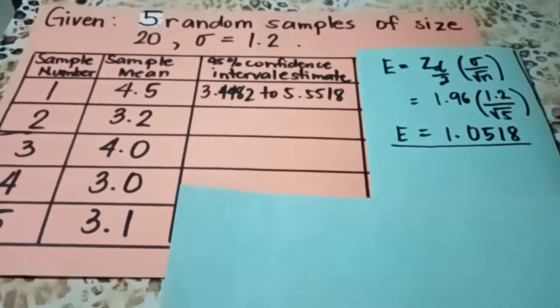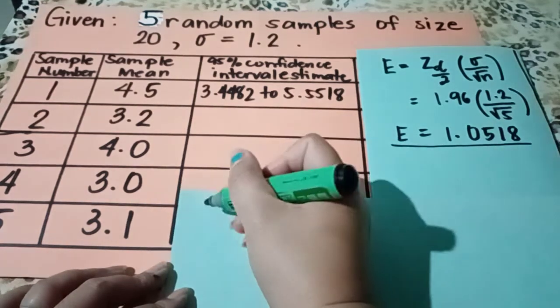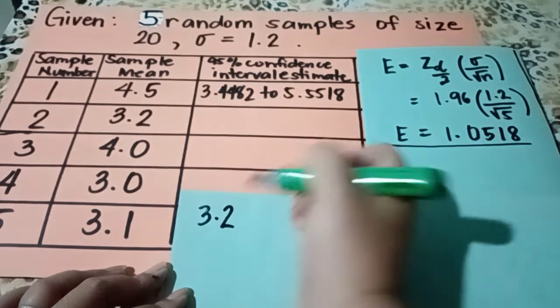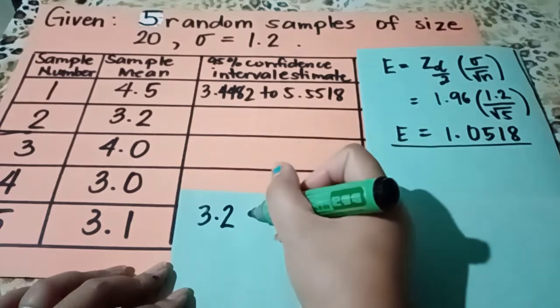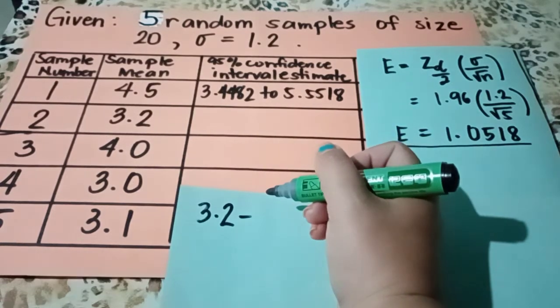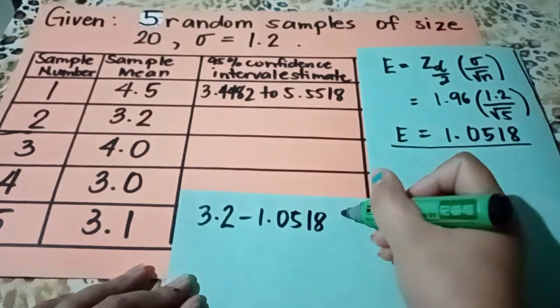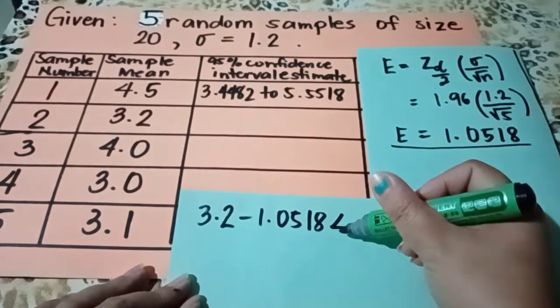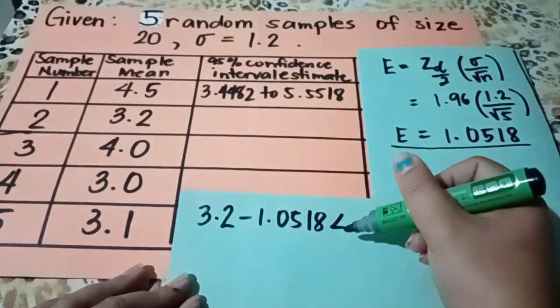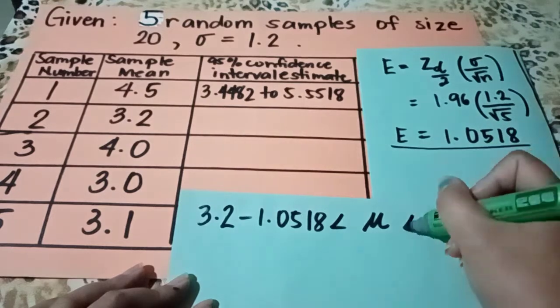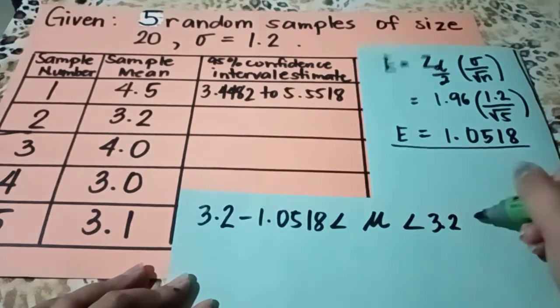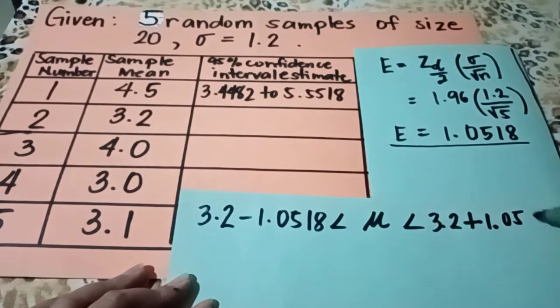Let us have the second sample mean, which is 3.2. So same margin of error that we are going to use. So we have 3.2 as our sample mean minus your margin of error, which is 1.0518, and our mean is greater than that. Then we're going to have 3.2 plus 1.0518.